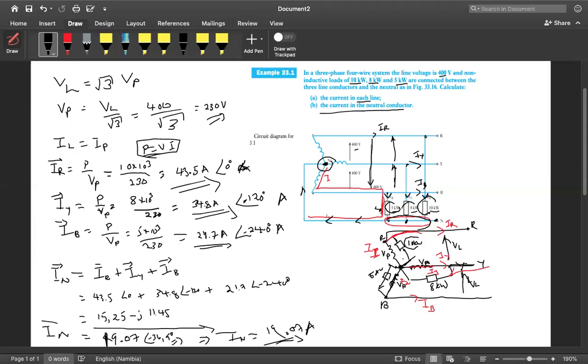If you don't see where it is connected, you will find it very difficult to do the calculation. So maybe I should restructure the diagram because I don't think this one is really clear. Let me redraw it in a nice way.